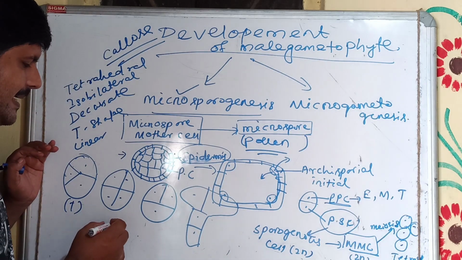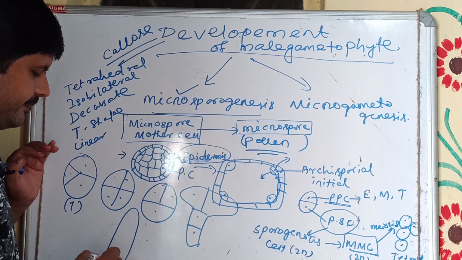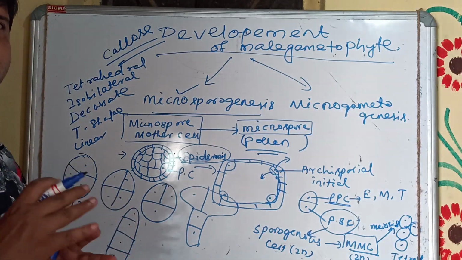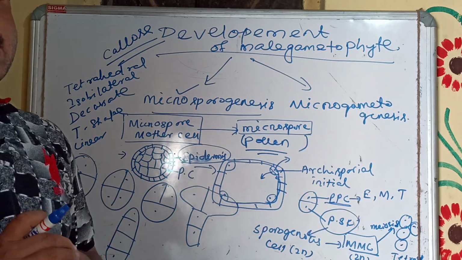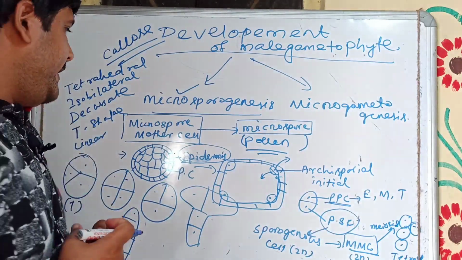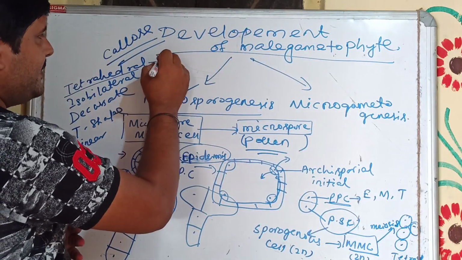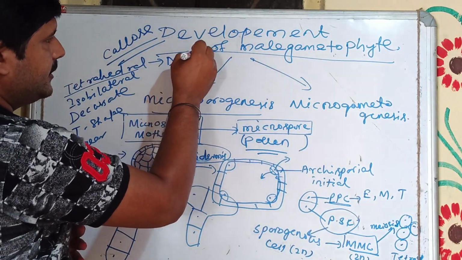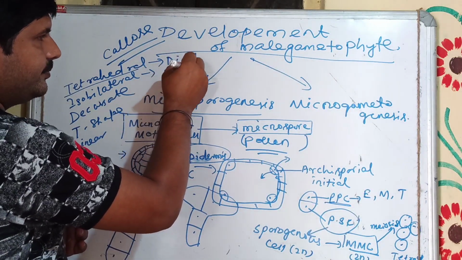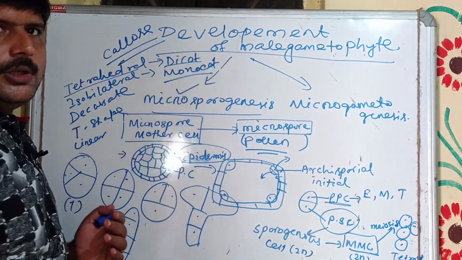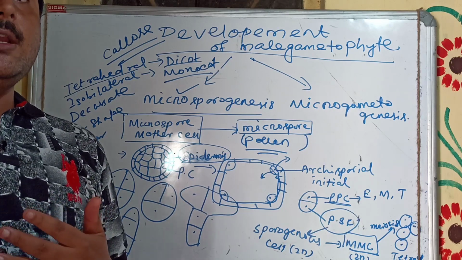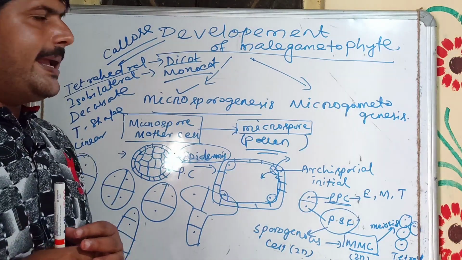Then the last one, that is the linear, meaning they are arranged in a linear row. So these are the 5 different types of arrangement seen in a microspore tetrad. Out of these, the tetrahedral arrangement is the common feature of dicots, and isobilateral is the arrangement of monocots. So these are the features found in reproduction in flowering plants and the process of microsporogenesis.